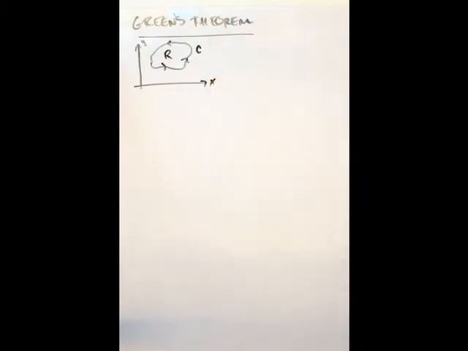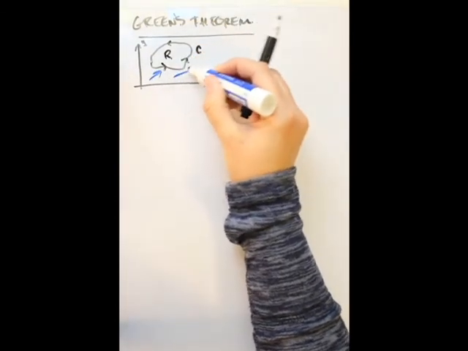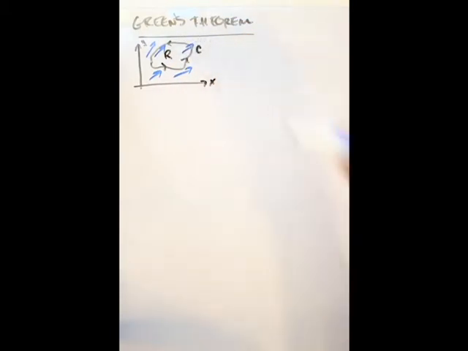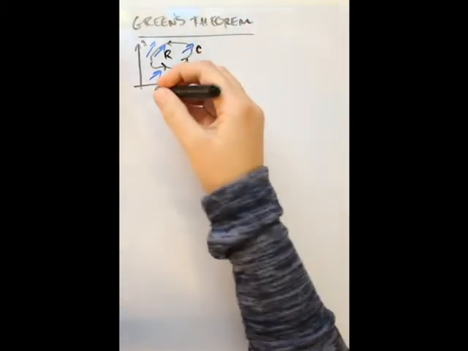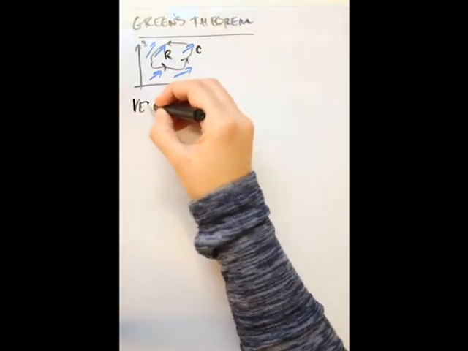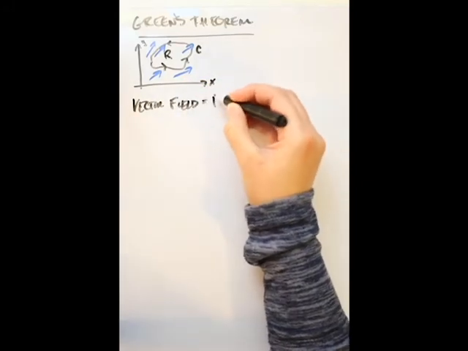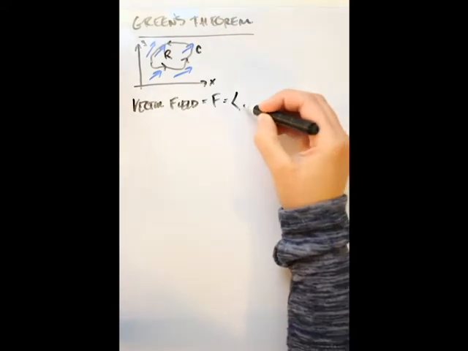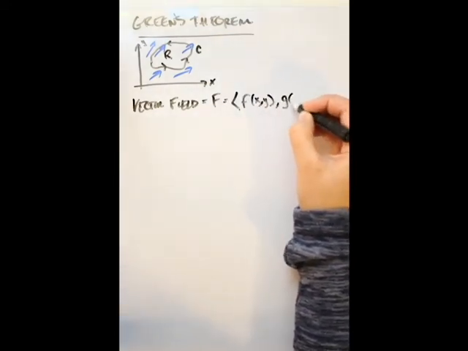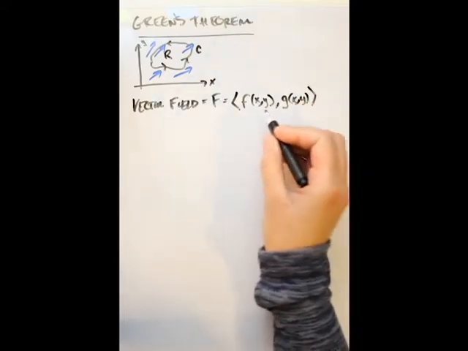Now also we want to consider a vector field F, and we are interested in taking the line integral of the vector field. Our vector field is defined as F equals little f of x y, comma, little g of x y.